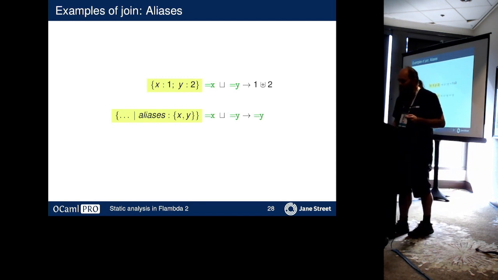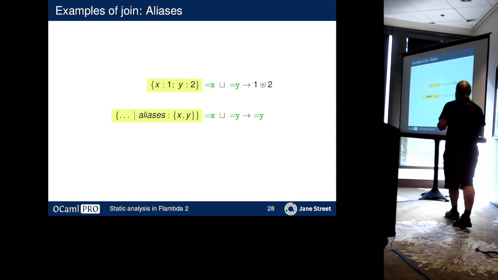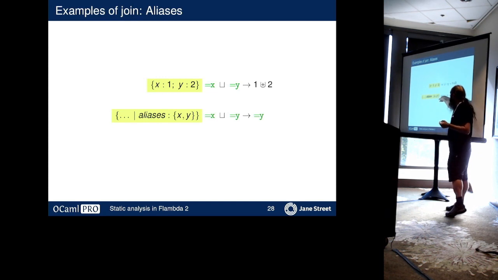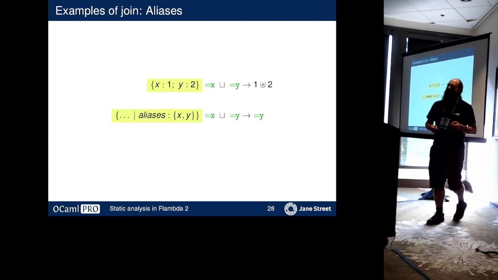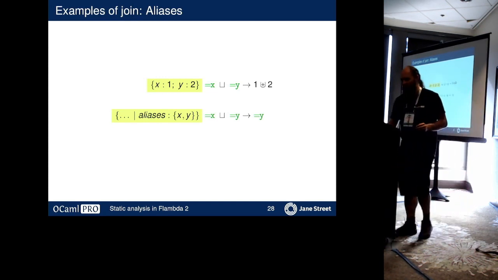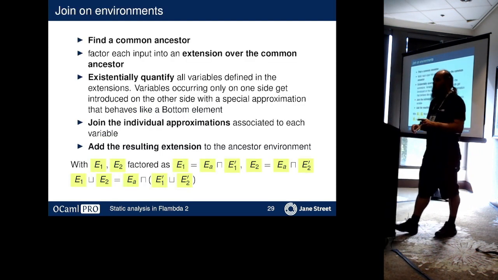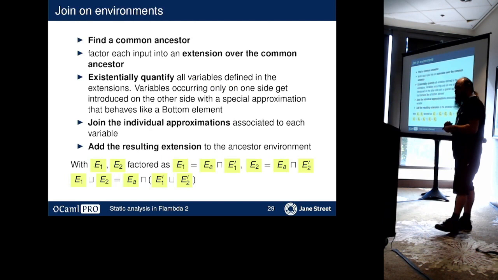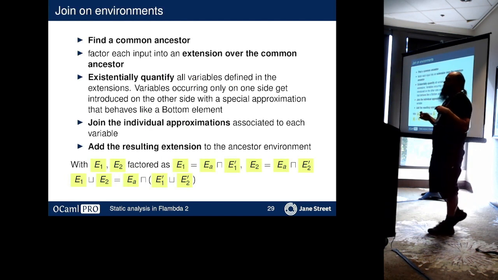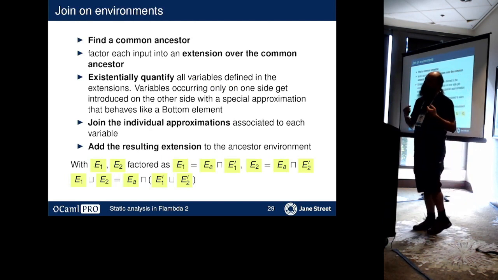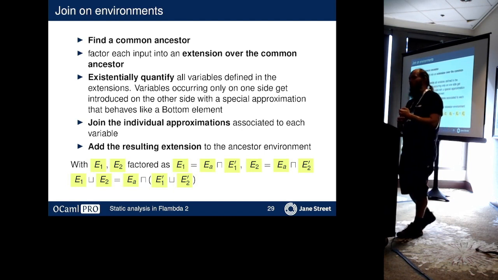But you can still know things about the aliases if you join variables that are supposed to be aliased in the original environment. So those were examples of join on the types, and joins on the types are useful to implement the join of the environment.